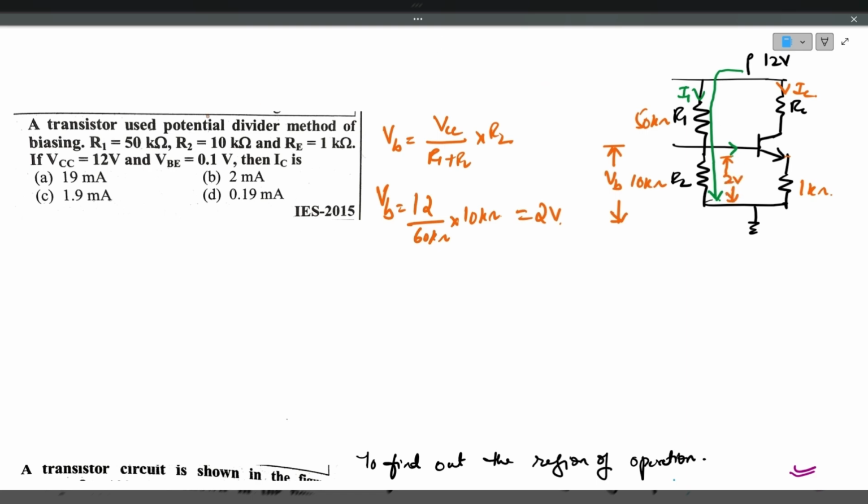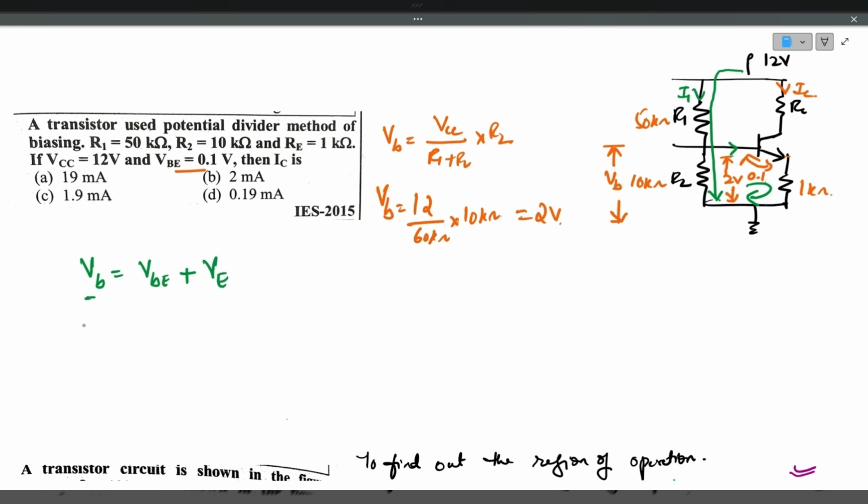And he has given very clearly that VBE is 0.1 volt. Here, the voltage across the base emitter junction is 0.1 volt. So consider only that and apply the input KVL here. If you apply input KVL, VB is equal to VBE plus VE, the emitter resistance voltage.